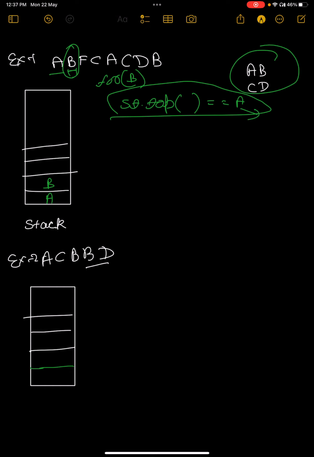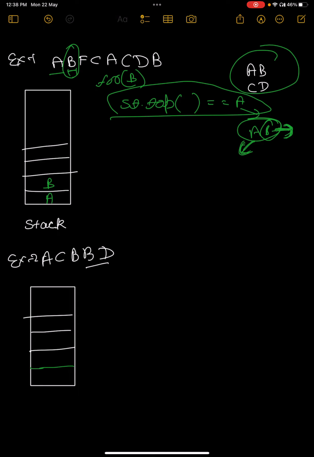If it is A, I'm just saying only for B, then it will make an AB occurrence in the main string, so you can simply pop out. You are not pushing the B character. You just compare first with the top element. If it is A, then I will not push it, and I will do another operation: I will pop out the top element of the stack, right?